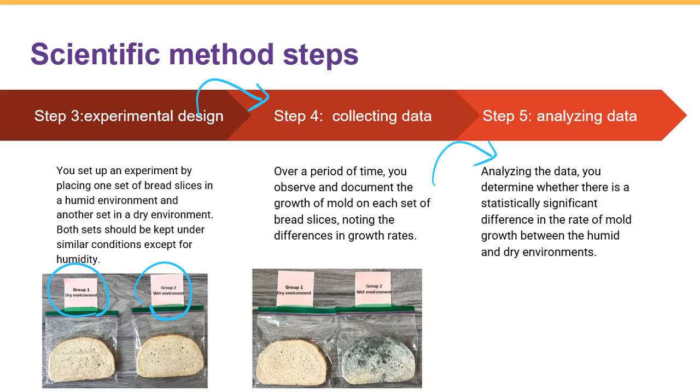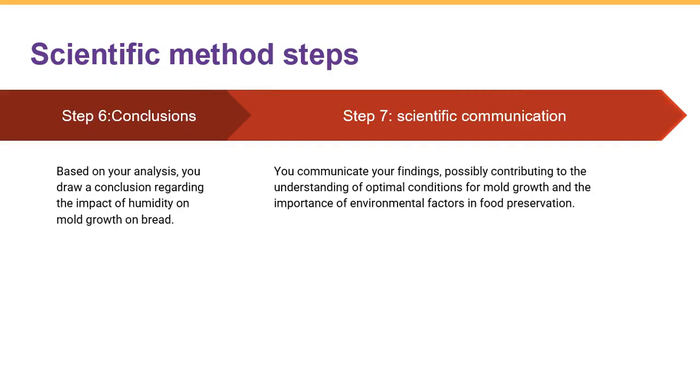Analyzing the data, you're going to find out whether there is a significant difference in the rate of mold growth between the humid and dry environment. So then you get a result, and you are going to do the conclusion in step 6 based on your analysis and your results. You are going to draw a conclusion regarding the impact of humidity on mold growth on bread.